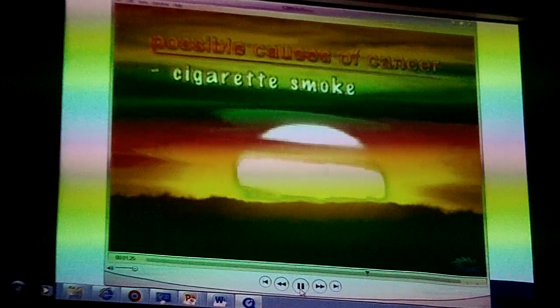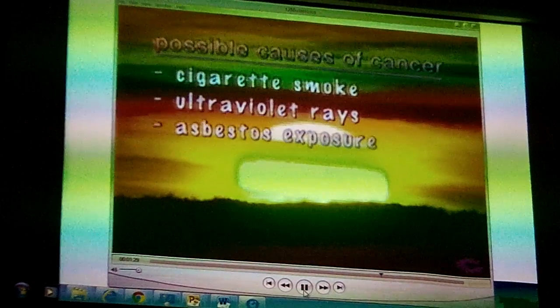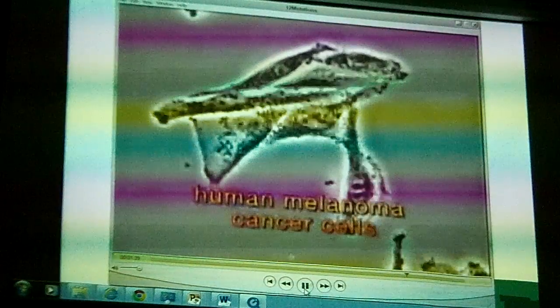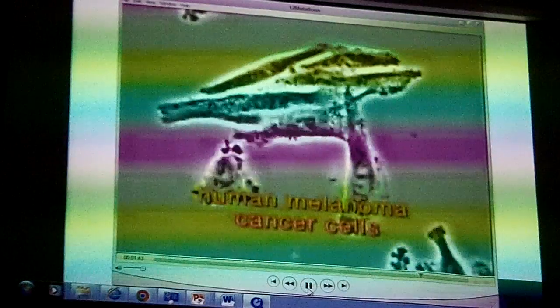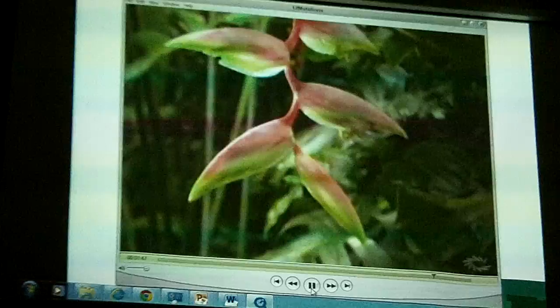It can be caused by such things as cigarette smoke, ultraviolet rays from the sun, exposure to asbestos, medical x-rays, and other natural and environmental causes. Once a cell has become cancerous, it can divide, repeating the cancer in each new cell that is created, which spreads the disease. But not all mutations are destructive.